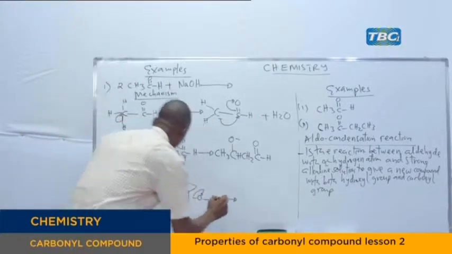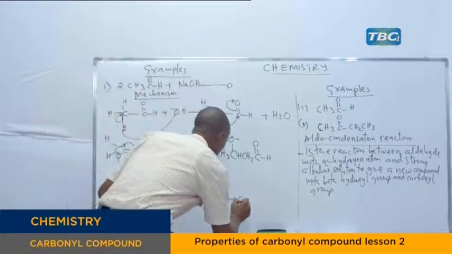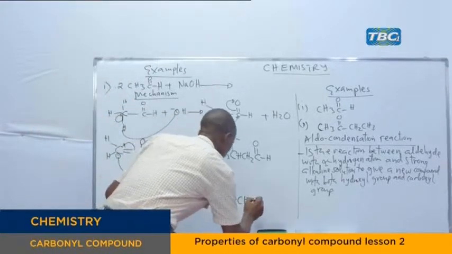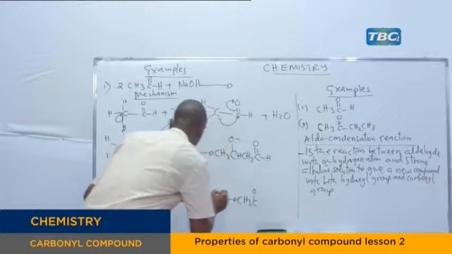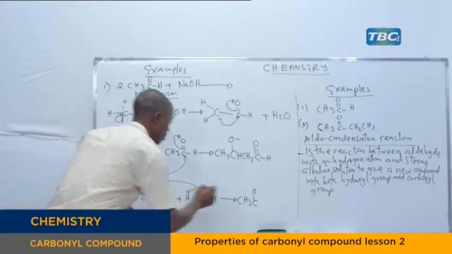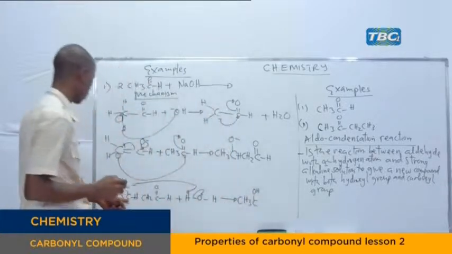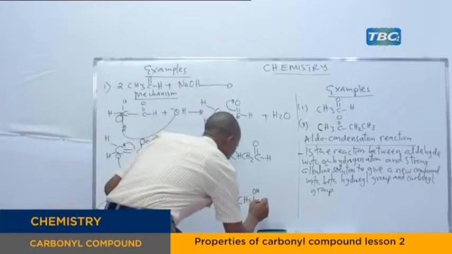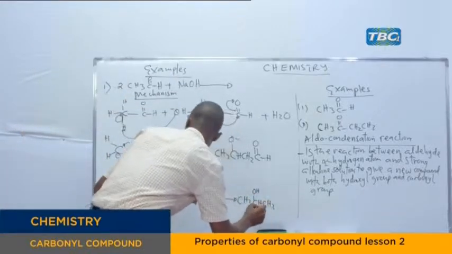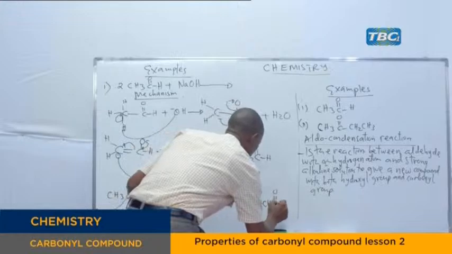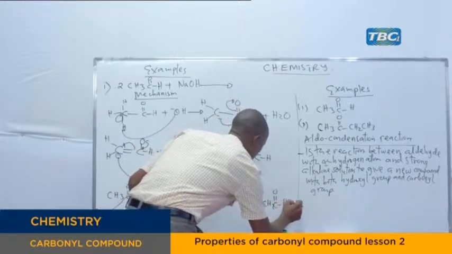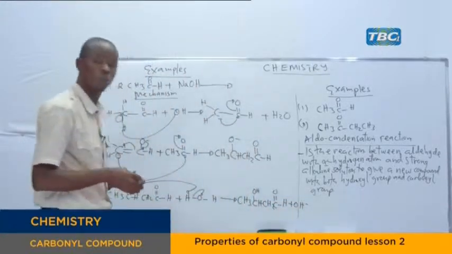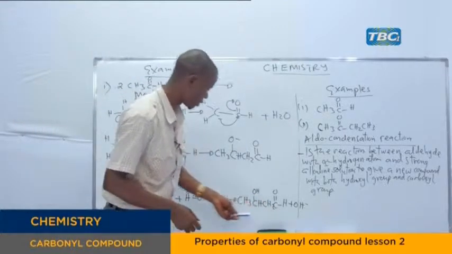So at the end, we are going to have the following product. When this proton is brought here, a hydroxyl group will be formed there. So you can see this is the new compound which is formed.